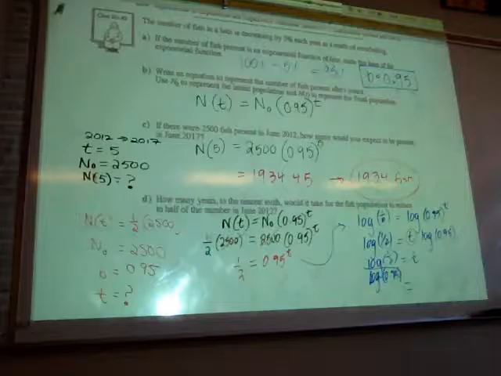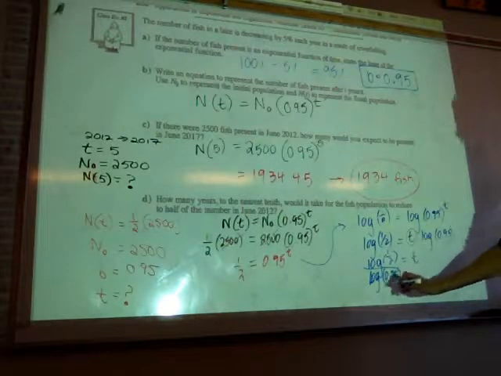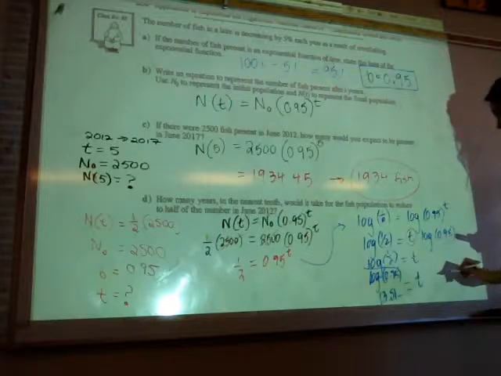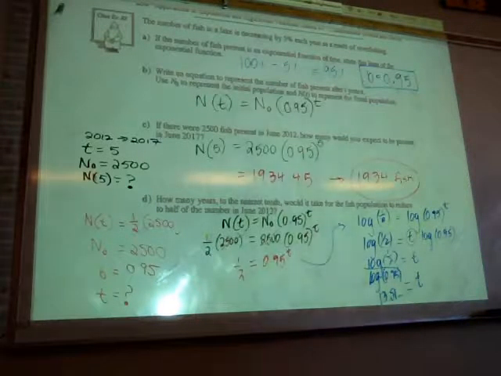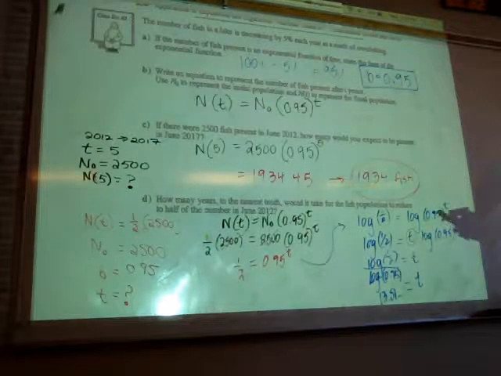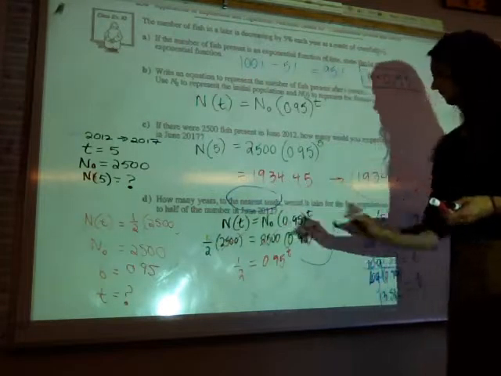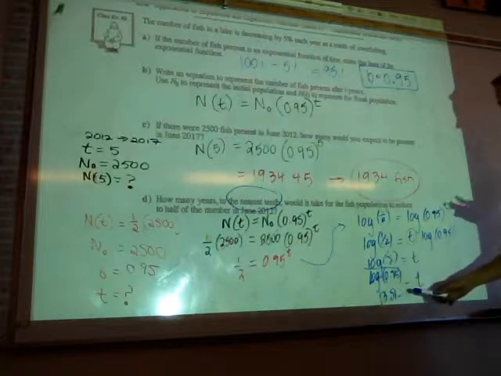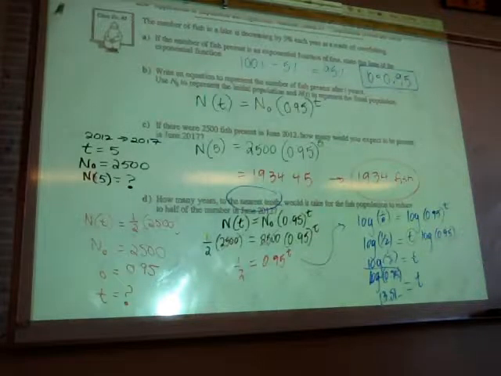What are you guys getting there? 13.51. They're telling us in this case we need to round to the nearest tenth. In the other class we had a little bit of a debate on what to round to, because technically if we rounded down to 13.5 there isn't half of the amount. There's a little bit more because of that darn 0.01.